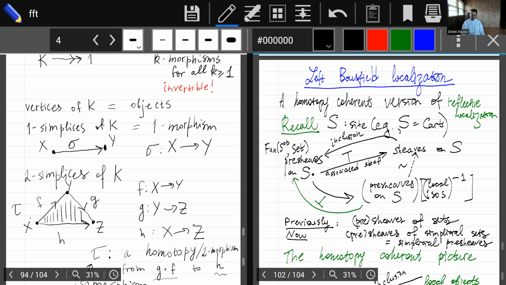Namely, you declare that a morphism of presheaves is a weak equivalence if after applying the associated sheaf functor, you get an isomorphism. So the associated sheaf functor creates a notion of a weak equivalence, which is called a local isomorphism.